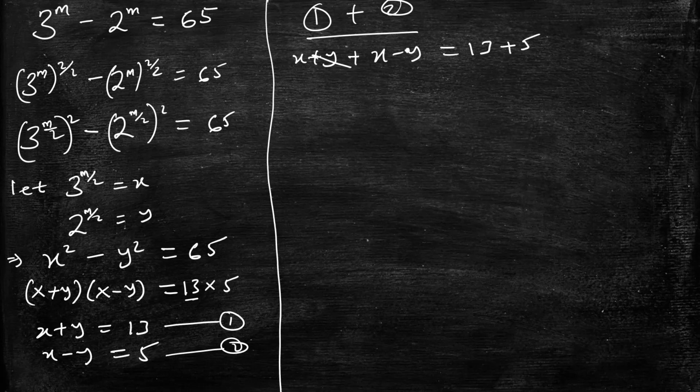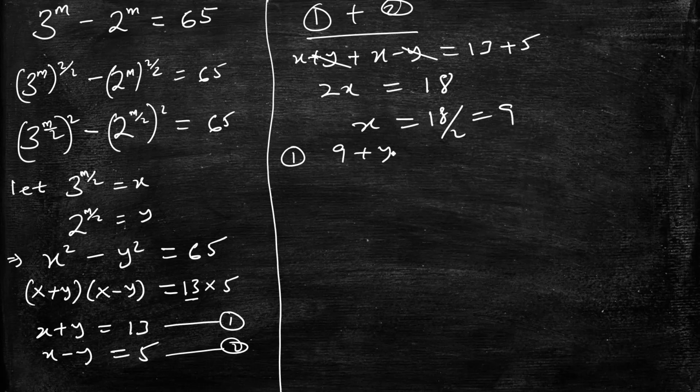So we have 2x equals 18. Divide both sides by 2, x equals 9. Now we can find y using equation 1. So we have 9 plus y equals 13, so y is 13 minus 9. So y is 4.